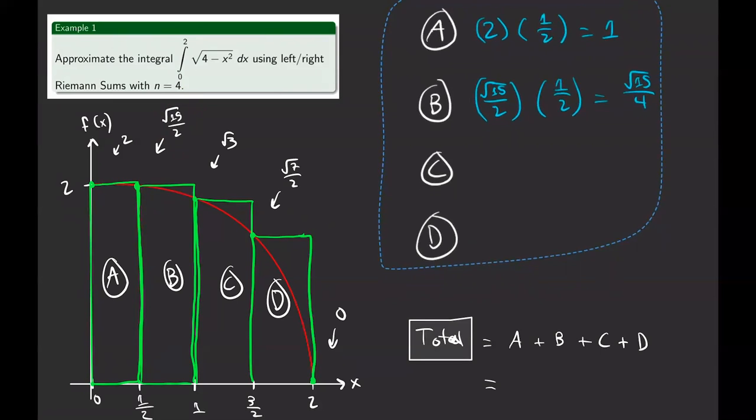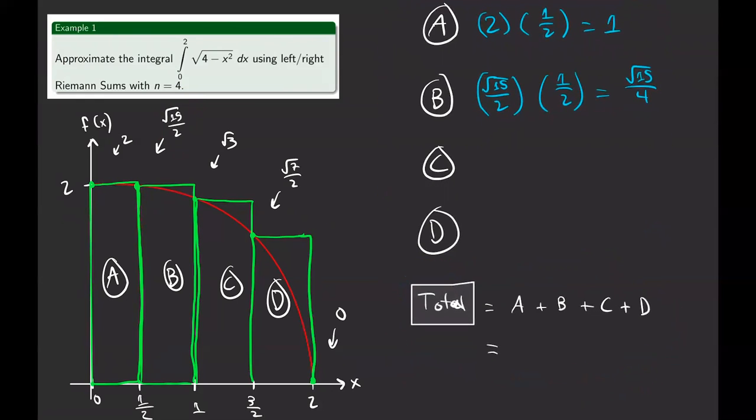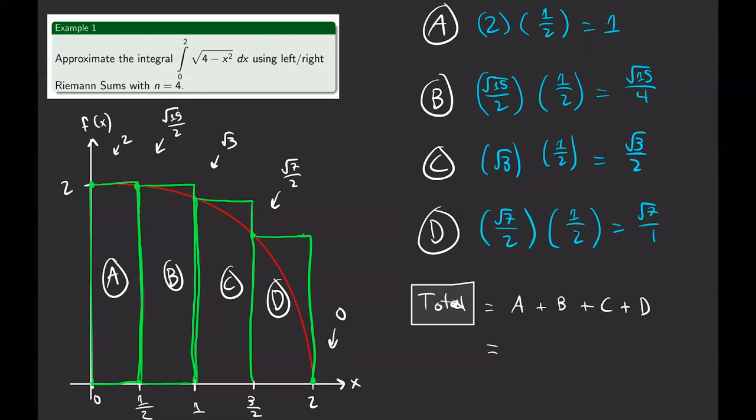I'm going to need a little bit more space here. Let's move all that up. For C, we know the height of that to be root 3 times, again, the width of 1/2. So we get root 3 over 2. And then just following this pattern, root 7 over 2 times 1/2 is root 7 over 4.